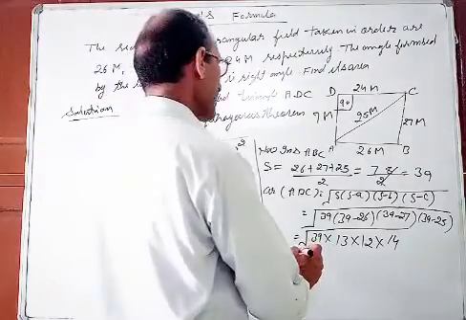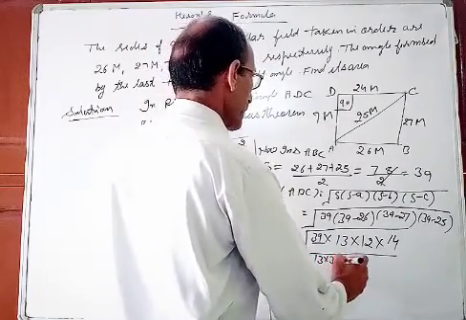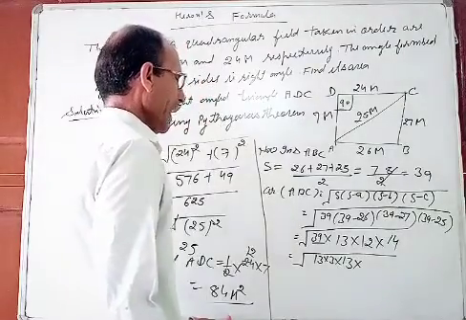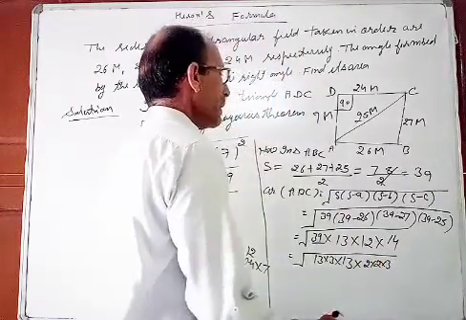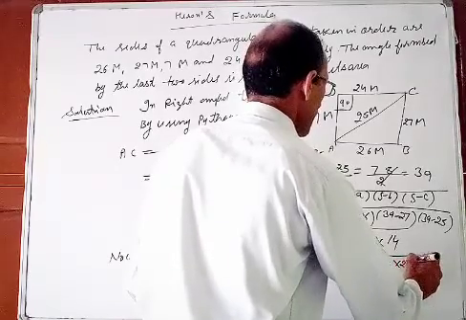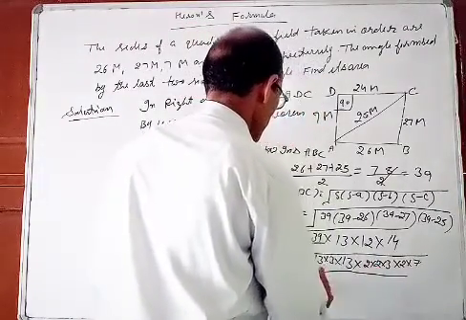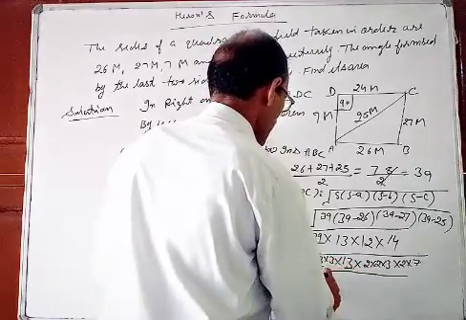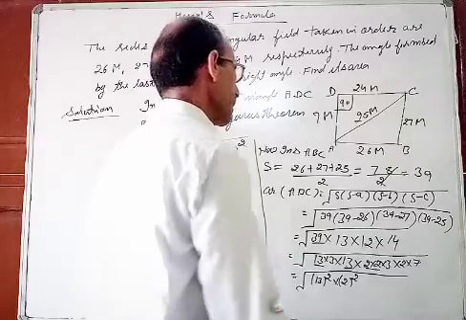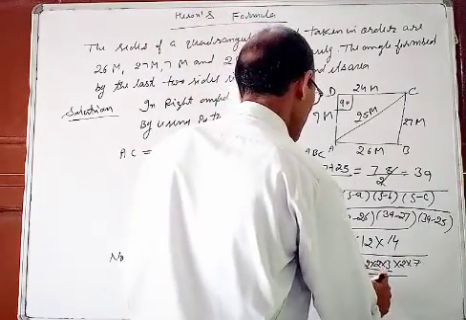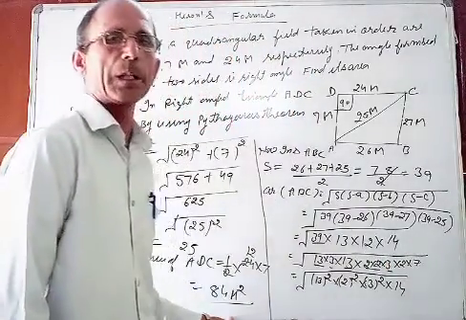Yes. Now make the prime factors. 39 is 13 multiplied by 3, 13, and 12 is 2 multiplied by 2 multiplied by 3, and 14 is 2 multiplied by 7. 13 two times, 13 square, 2 square, 3 square, and this is 14 because 2 and 7 are left, so multiply them, 14.